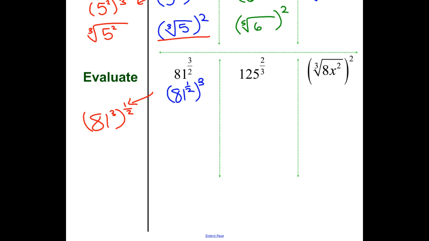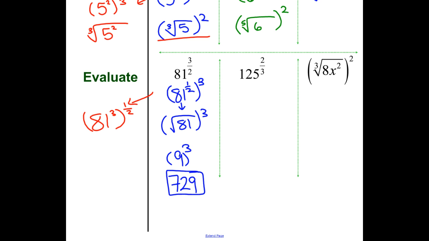I don't think you can. But you probably can do this piece, because this is really the square root of 81 cubed. And the square root of 81, we all know, is 9. And all we have to do now is 9 times 9 times 9, which is 729. Much easier than trying to figure out the square root of 81 times 81 times 81.